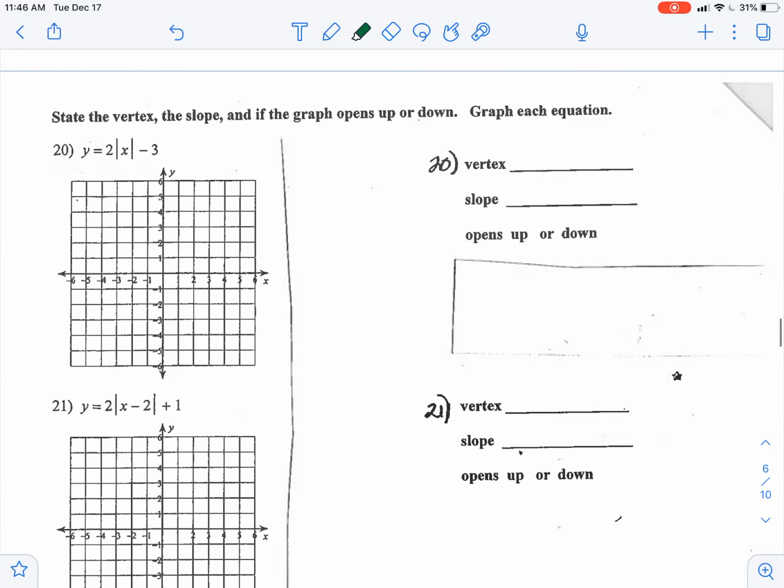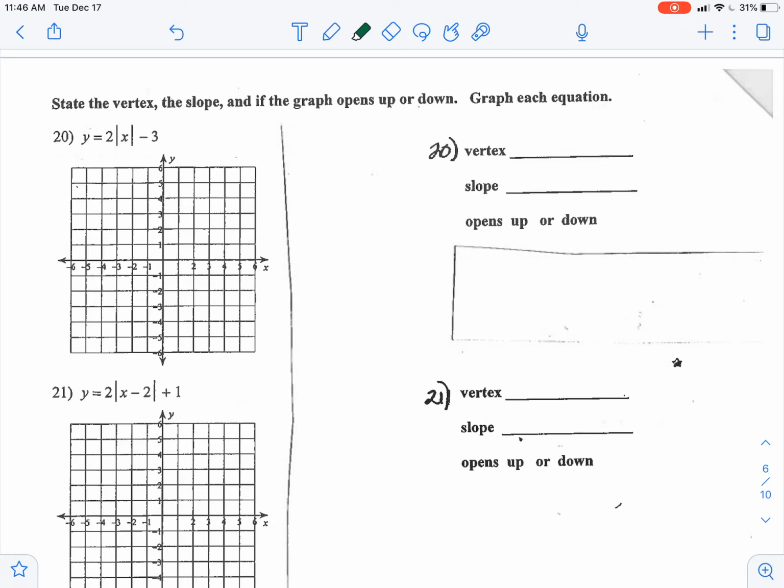Okay, number 20 and 21, I'll just go over them both. Remember, these are the absolute value graphing that we have done. Our absolute value graphing is very similar to our linear, except it does have an absolute value there. And remember, we took that and changed it by putting the y to the other side.